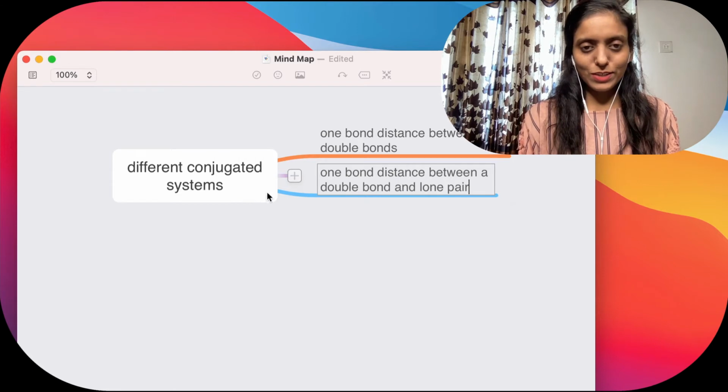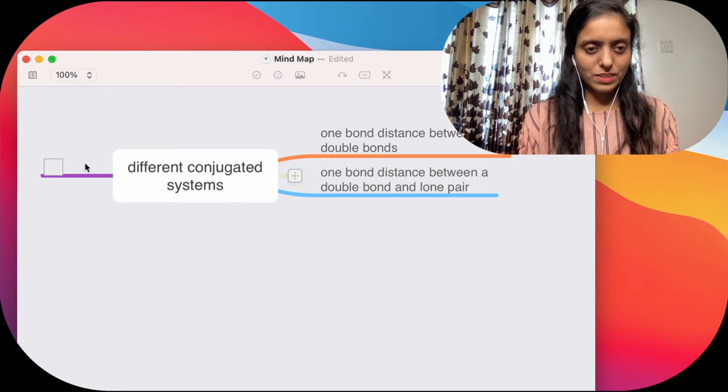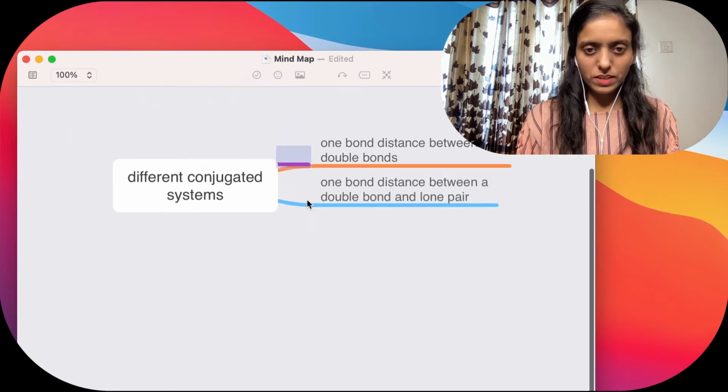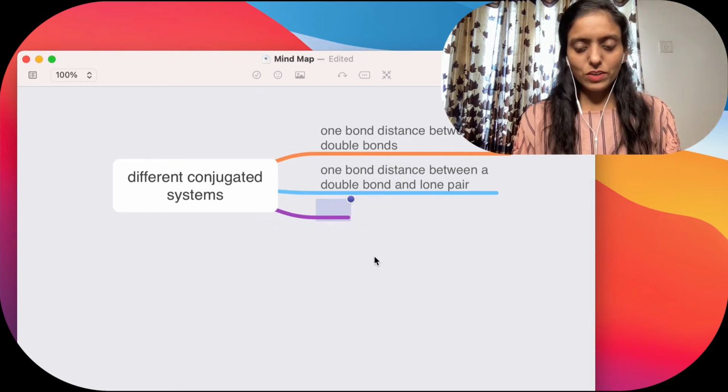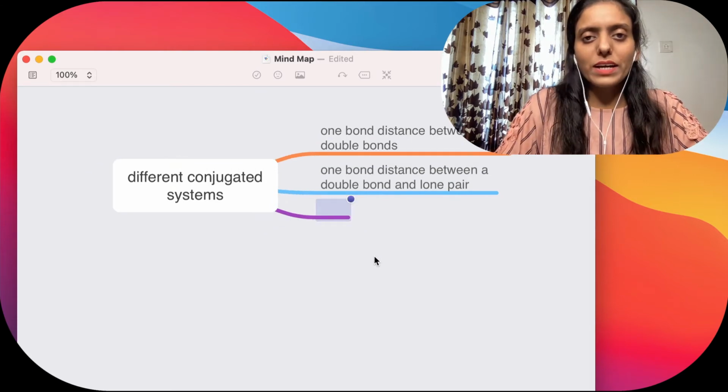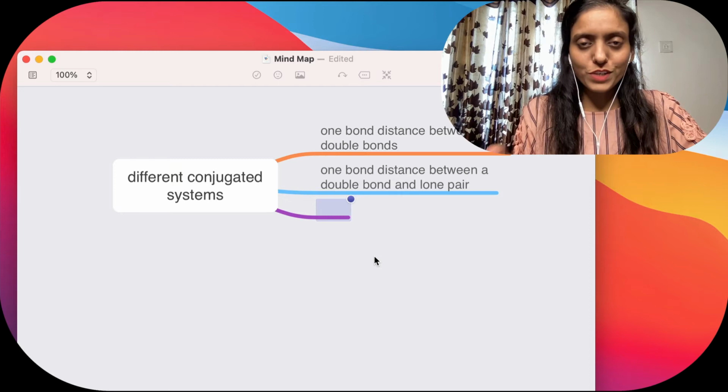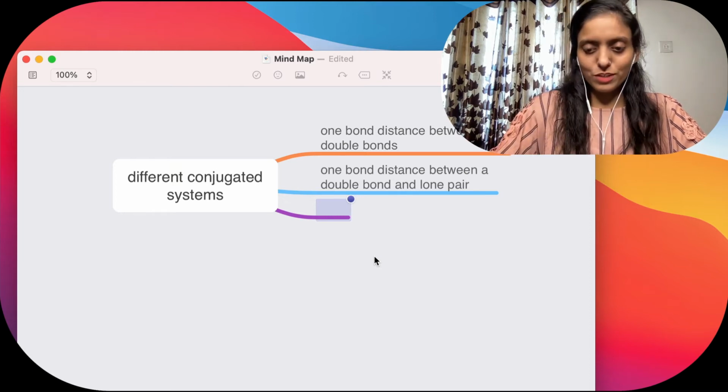Okay. So, the next one is, let us move it on the other side. Next, we need to find out if there is a one bond distance between a double bond and a positive charge.